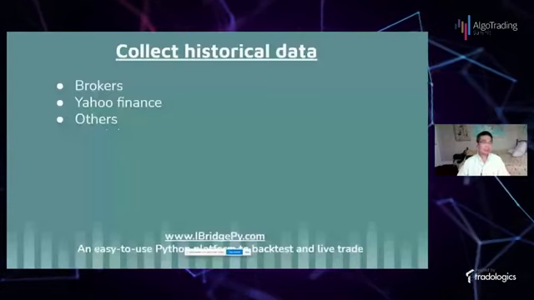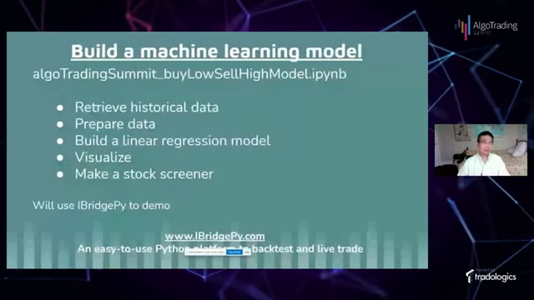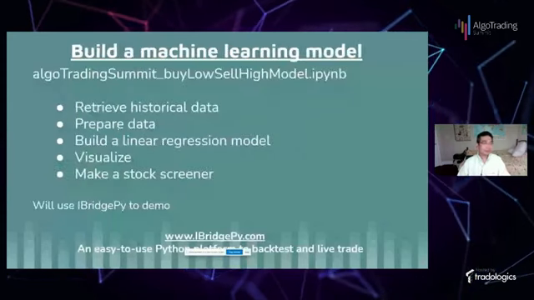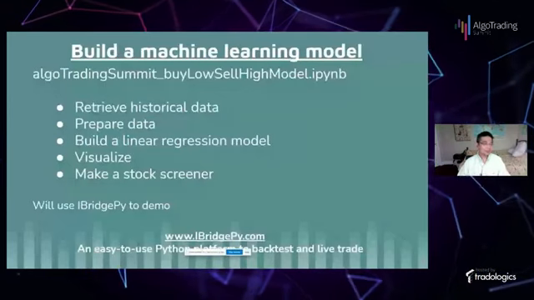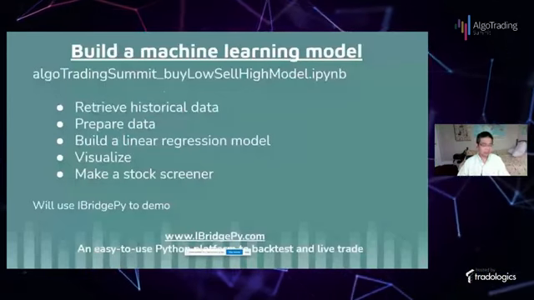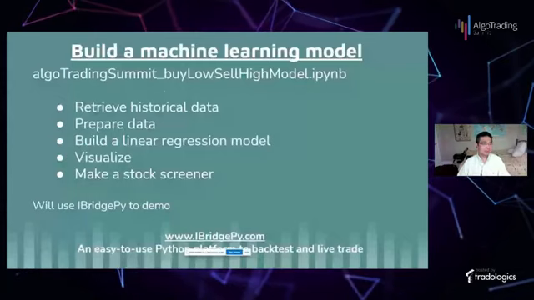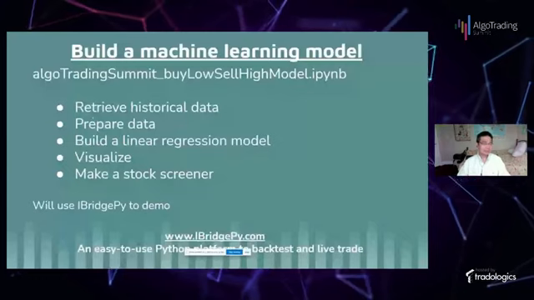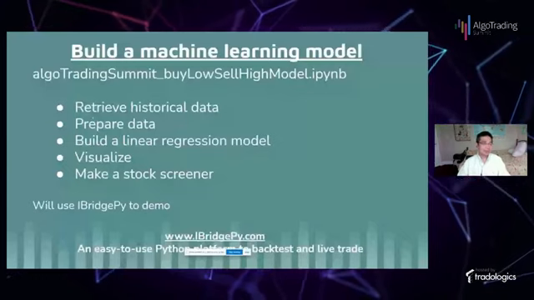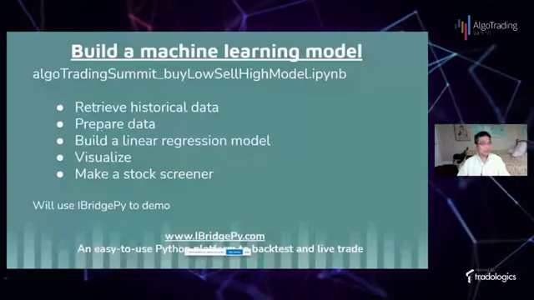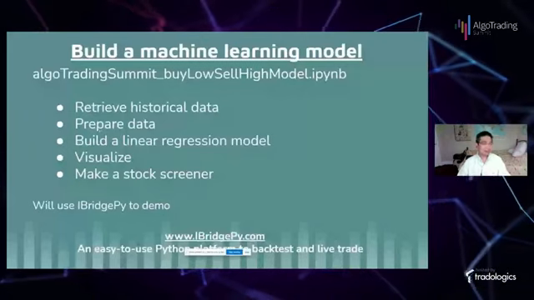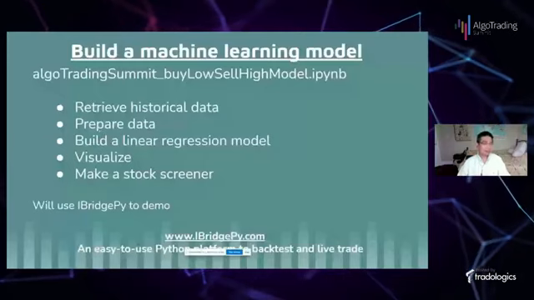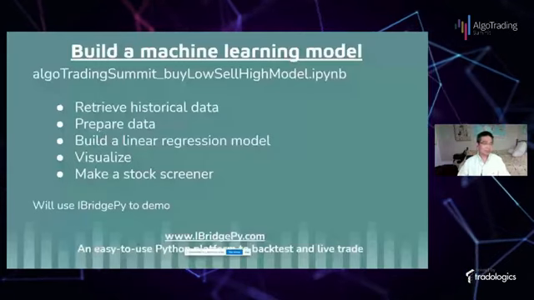The next step is to build a simple machine learning model. Here, I will do the following 5 steps. Then I will open the Jupyter Notebook to give you a real demo. The first step is to retrieve historical data. I will use Yahoo Finance. Then I will prepare the historical data by adding a few columns so that the data can be used to run a linear regression model.